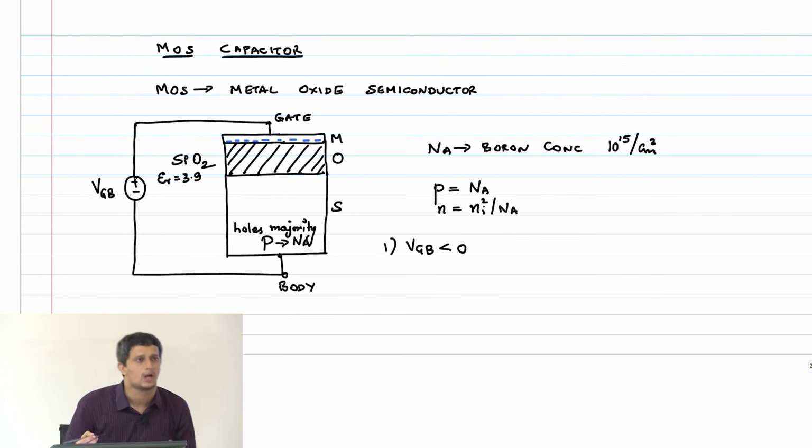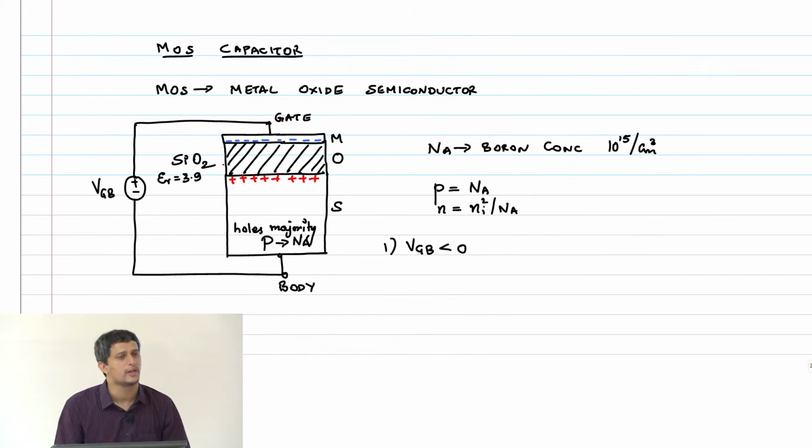Therefore now you have a lot of holes sitting in the semiconductor, right? Free holes, and therefore those holes will get attracted to this point, right? So effectively there is a charge available for termination, and really there's nothing very special about this, because we have taken a p-type semiconductor and made it even more p-type.